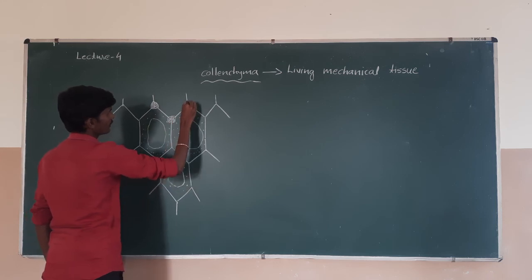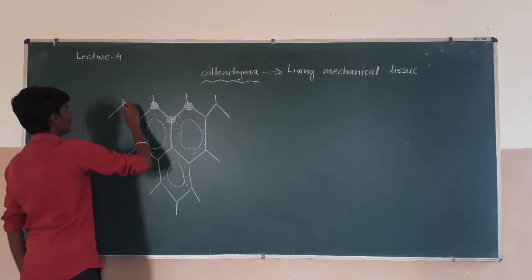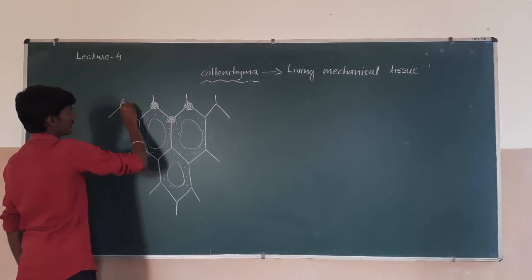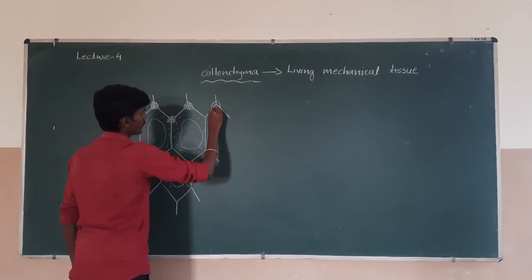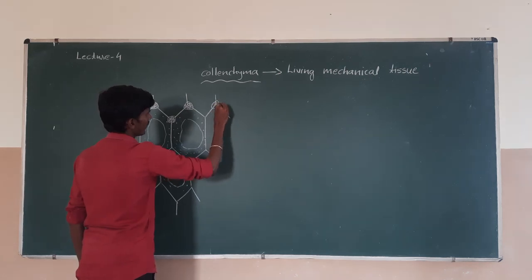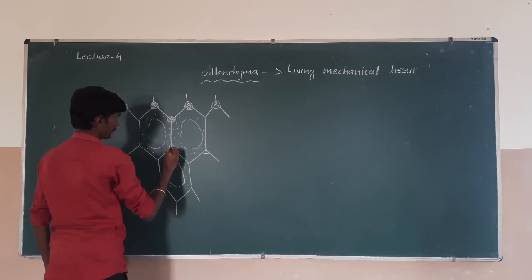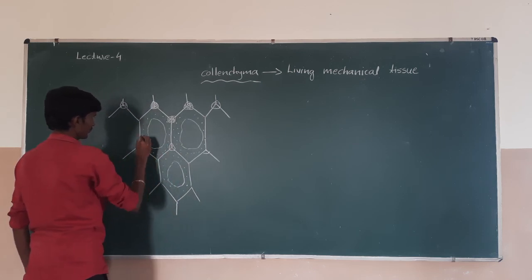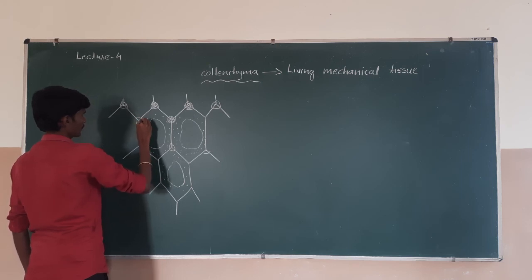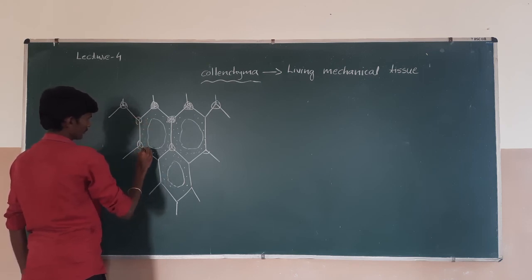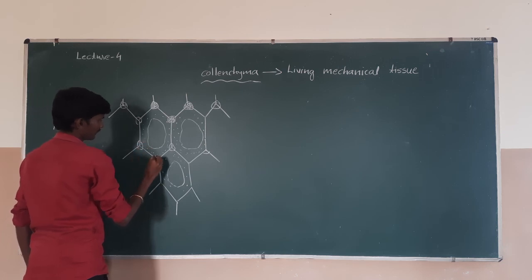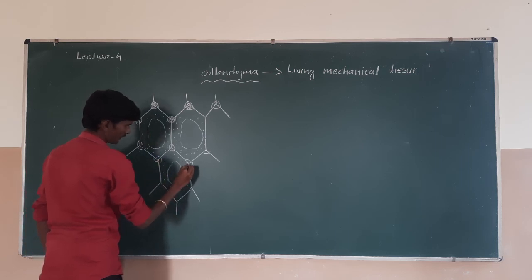At every corner there is a thick structure. The wall of the collenchyma is thickened at every corner, because some material is deposited there. It is irregular thickening, not regular; irregular thickening occurs at the corners.